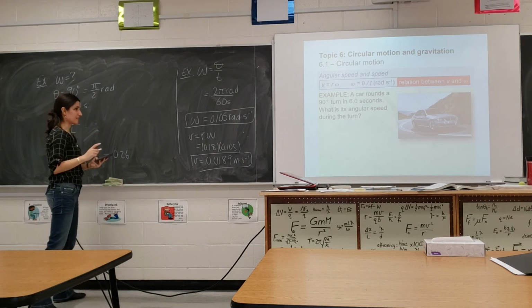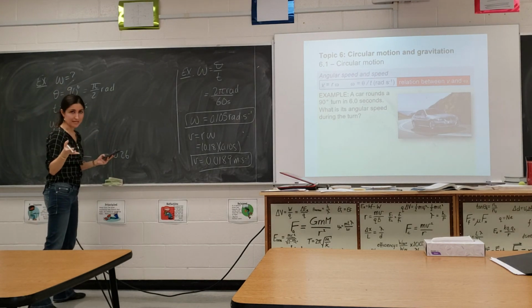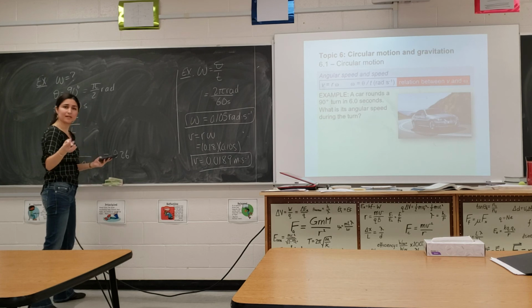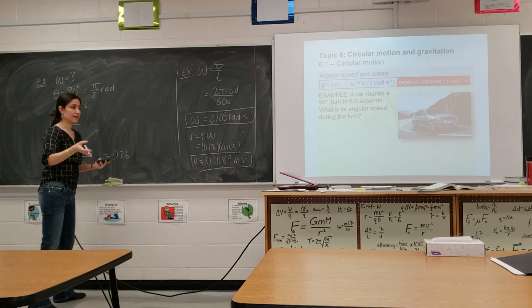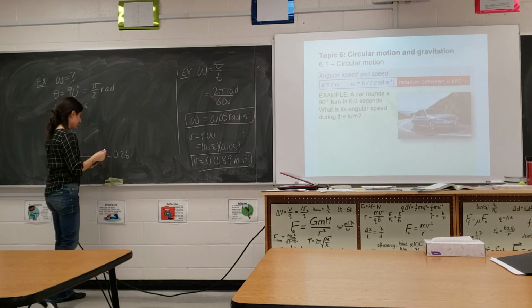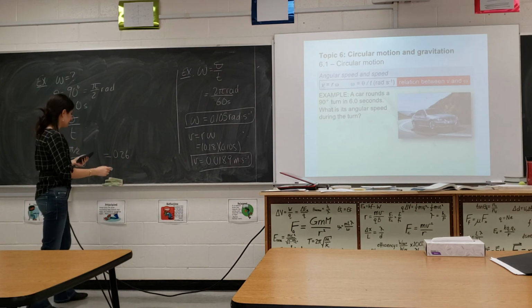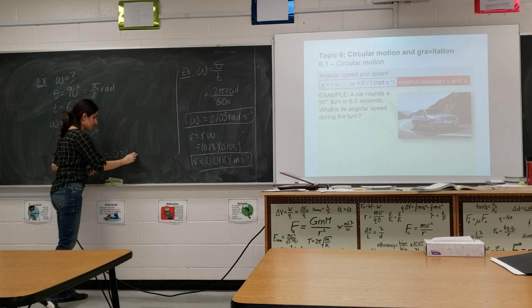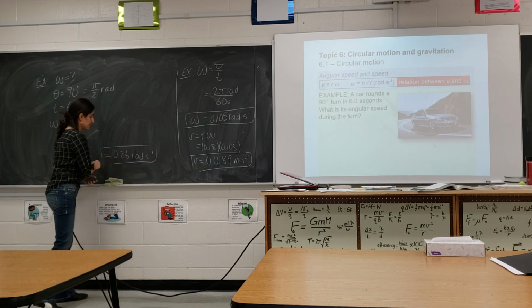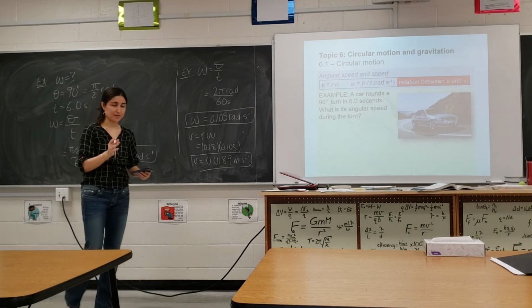Yeah, 6.0 seconds is 2 sig figs. Don't use the angle. The angle only has 1 sig fig, but we do not use that in our determination of sig figs for our final answer. So 2 sig figs in your final answer, and we are calculating omega, so that's radians per second. It's only angular speed, so no direction required.